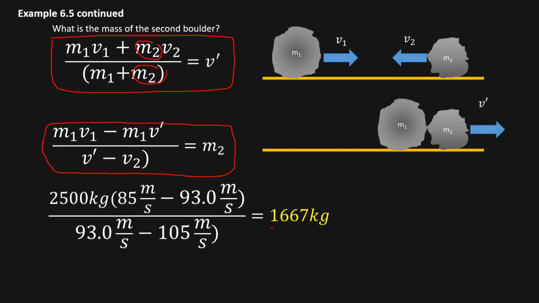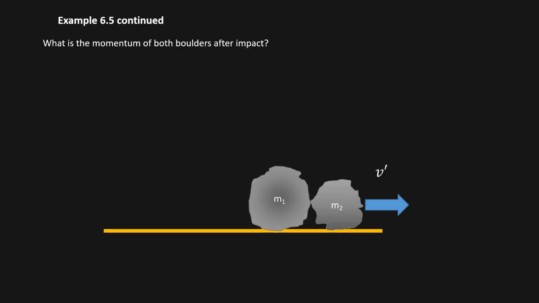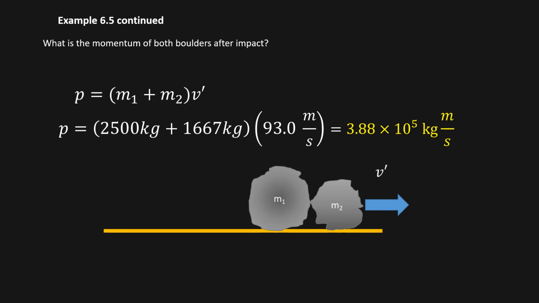And we find the mass of the second boulder to be 1,667 kilograms. What is the momentum of both boulders after impact? Well, we must remember both boulders are sticking together and traveling at one velocity. So we need to sum the masses times that velocity, and we get our momentum.